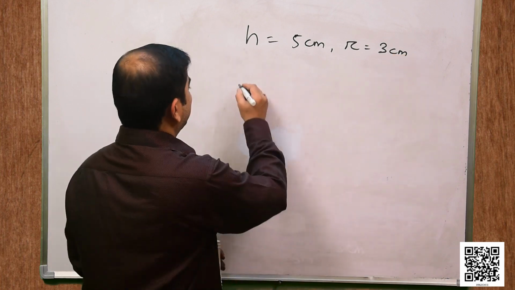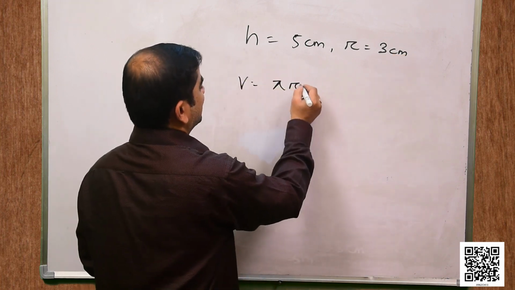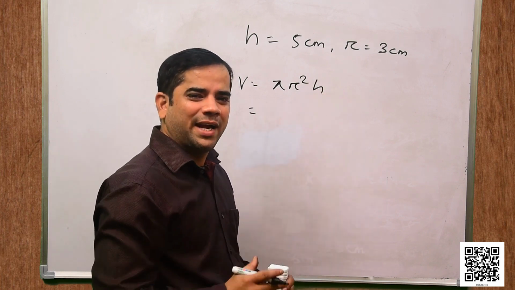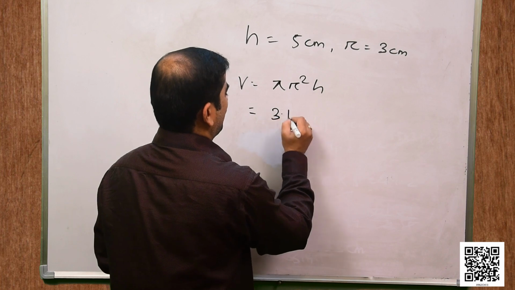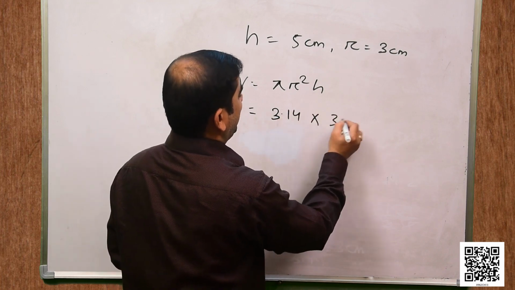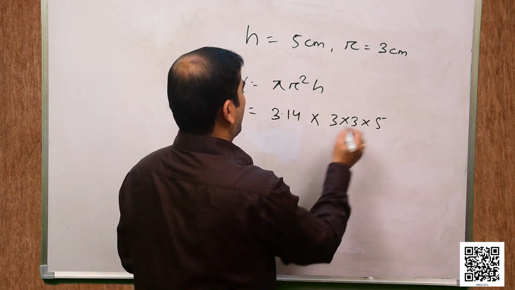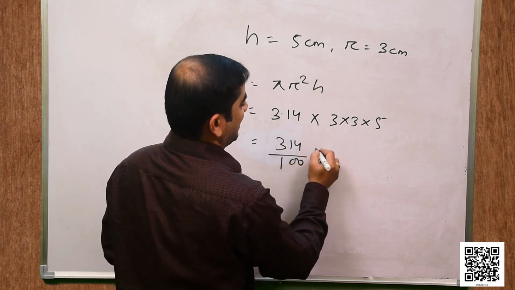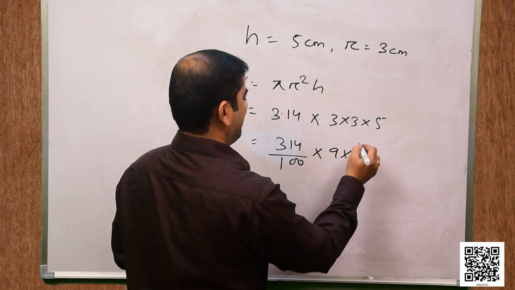So, volume is pi r square h, that is 3.14 into 3 into 3 into 5, that is equal to 314 by 100 into 9 into 5.